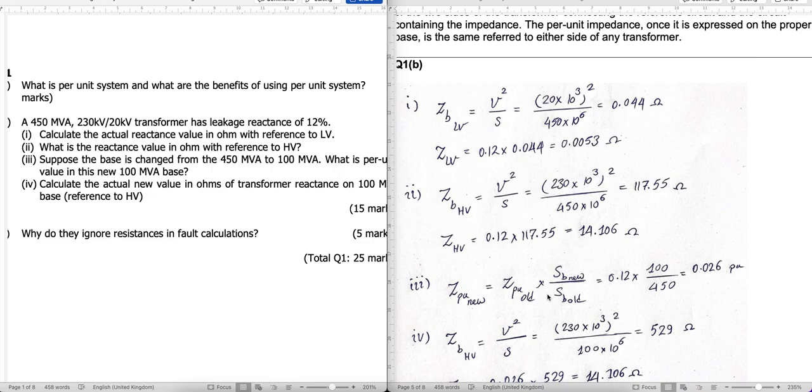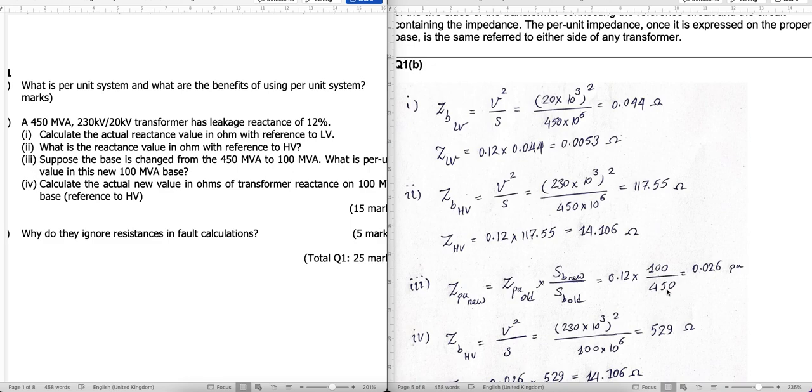But here, in this specific question, the voltages are assumed to be unchanged. So we only need the parts for the power ratios. New per unit equals old per unit times new base power divided by old base power. So 12% or 0.12 multiplied by 100 MVA, which is the new base power, over 450 MVA.